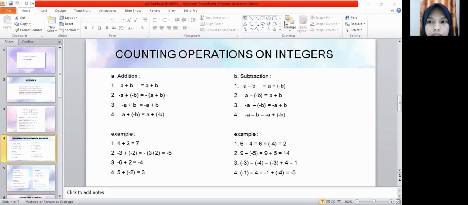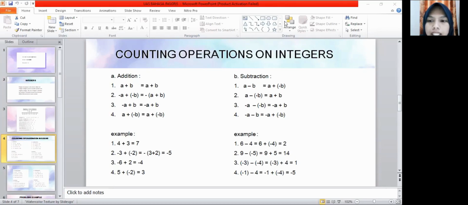A minus negative b equals a plus b. Negative a minus b, negative a minus negative b equals negative a plus b. Negative a minus b equals negative a plus negative b.